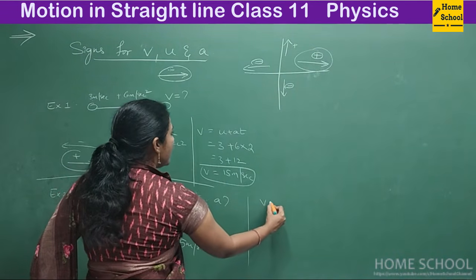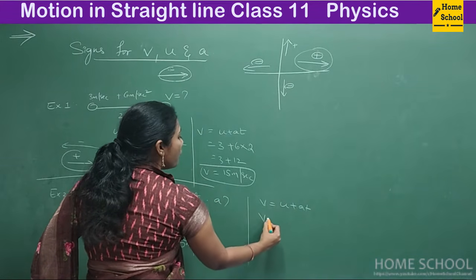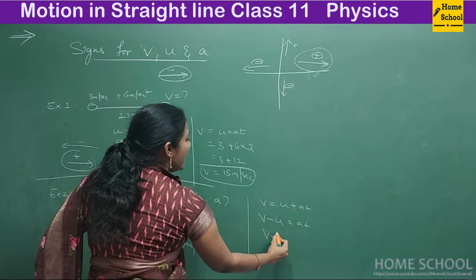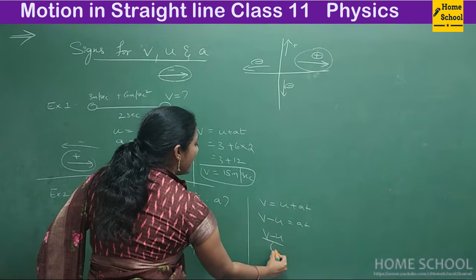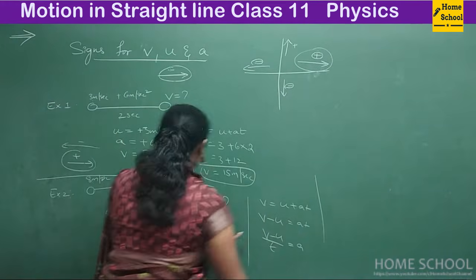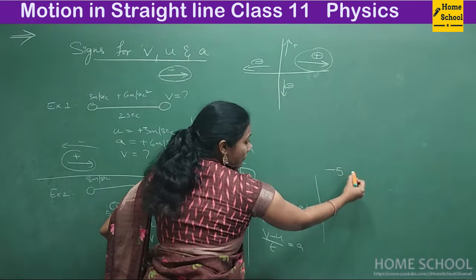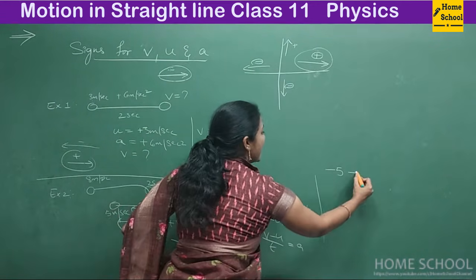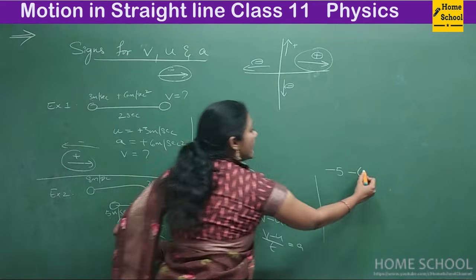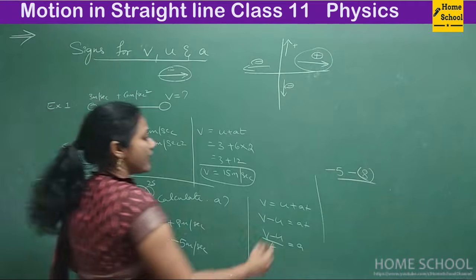So how do you calculate acceleration here? So v is equal to u plus at, right? So v minus u is equal to at. So v minus u divided by t is equal to a. So what is v? V is minus 5, right? So minus of what is u? Plus 8 only, divided by time, which is 2 seconds, right?